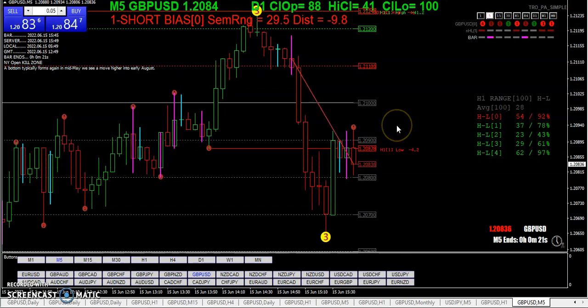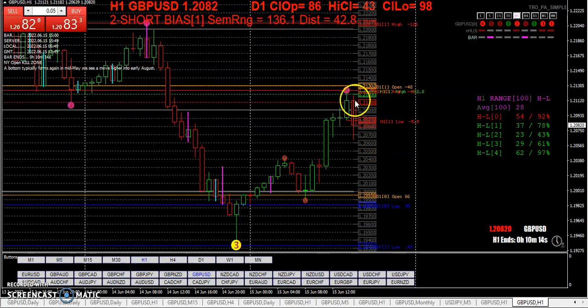As you look at the method here, let's put this on H1. You can see the long trigger was 20, the short trigger was 21.10. I'm sorry, 21.10. I guess I'm still slightly asleep here.